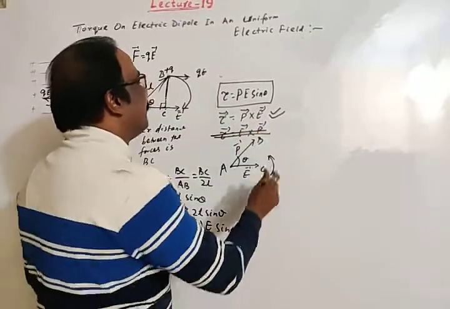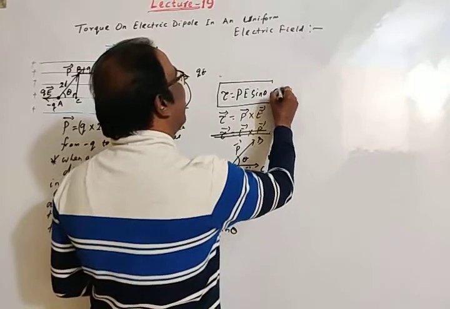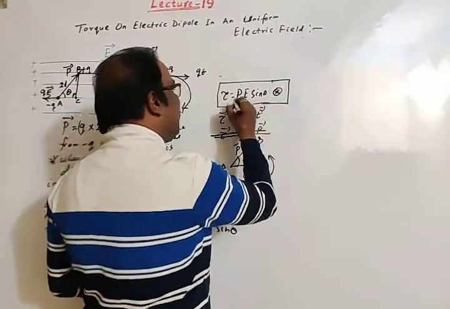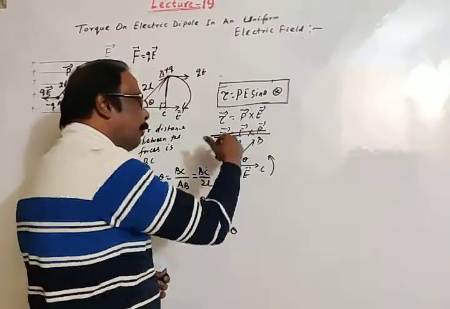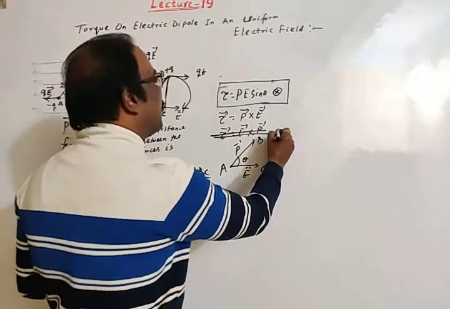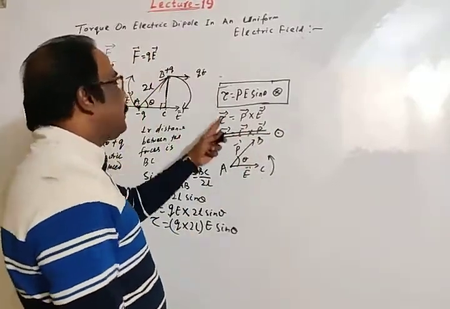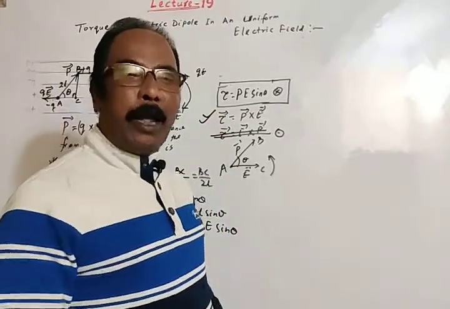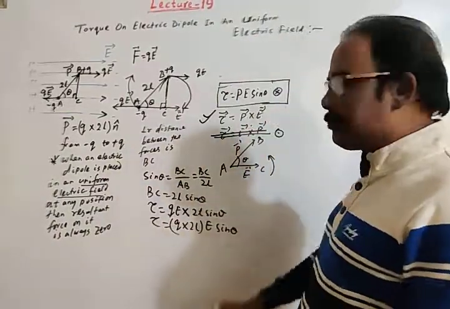Okay, so for direction you may write here inward, and represent it with a cross. If the rotation is anti-clockwise, then you may take a dot for E cross P. But here rotation is clockwise, so this relation is right. Torque is the cross product of dipole moment vector and electric field intensity.